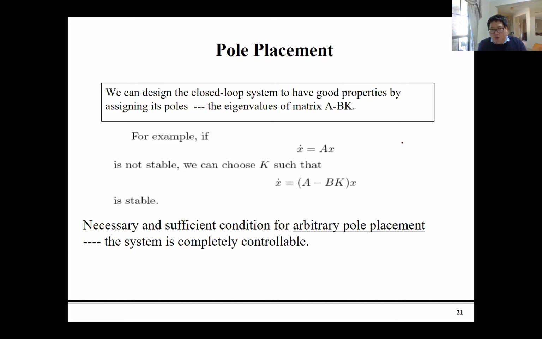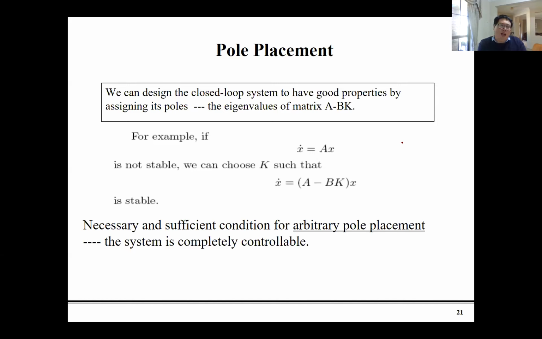The answer is no. The pole placement cannot be applied to every system. Then how can we check if a system can use pole placement to make it stable? We call it the system controllability.